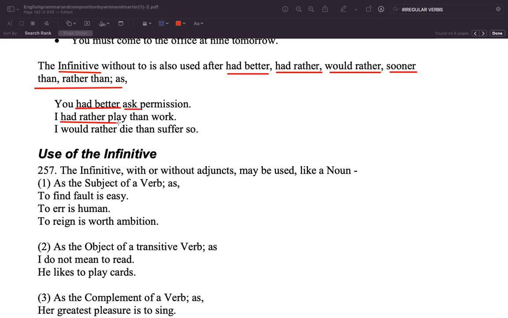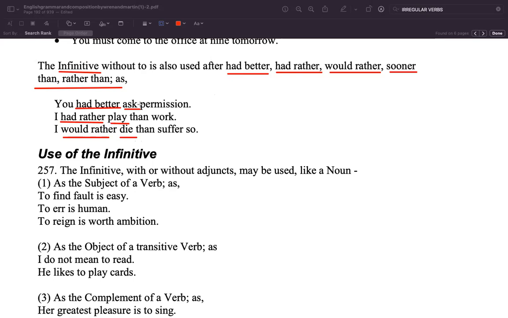Would rather play, would rather die, right? Sooner, I would come sooner, or he sooner made this mistake.